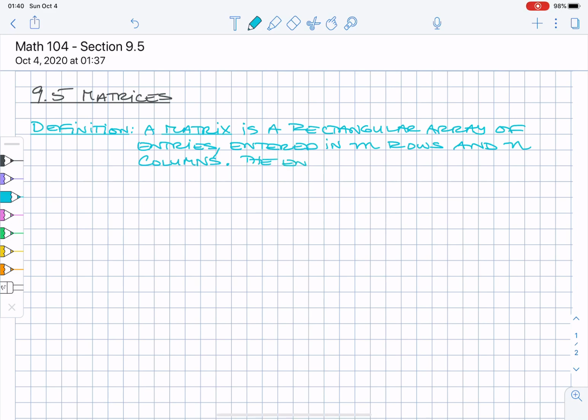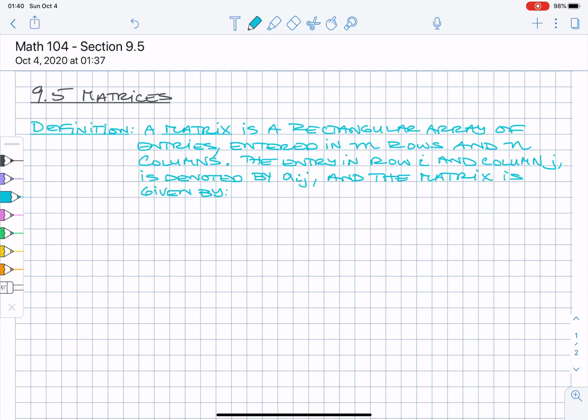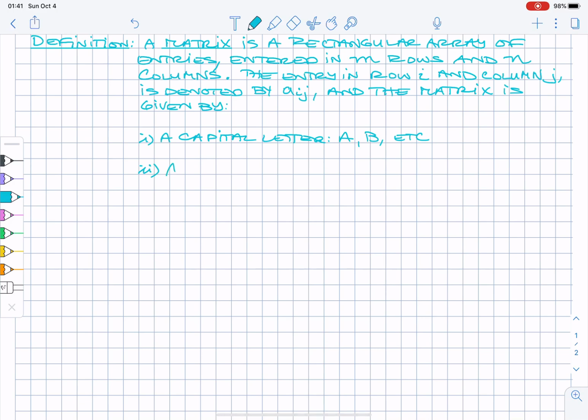The entry in row I and column J is denoted by A sub ij, and the matrix is given by either 1, a capital letter, A, B, etc., or 2, a bracketed A sub ij.